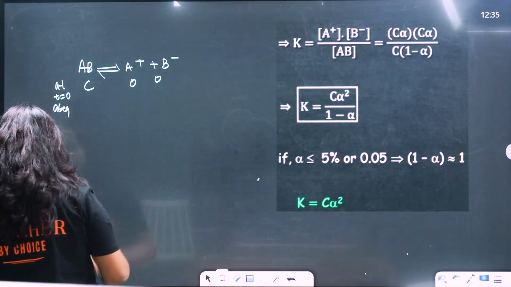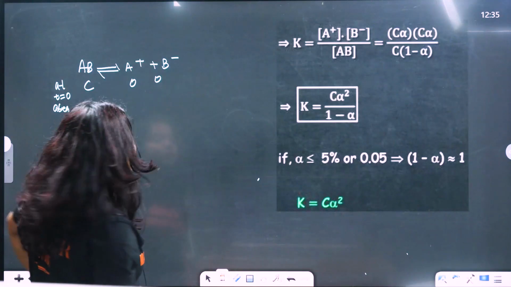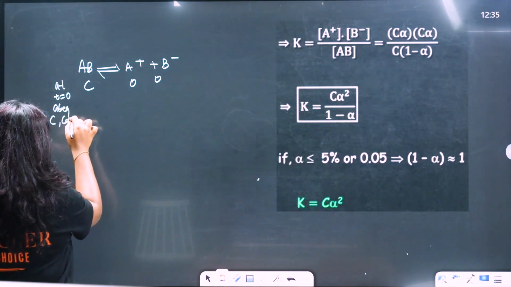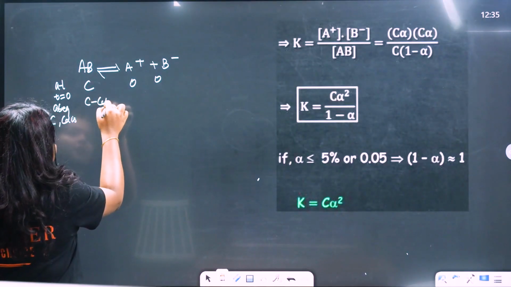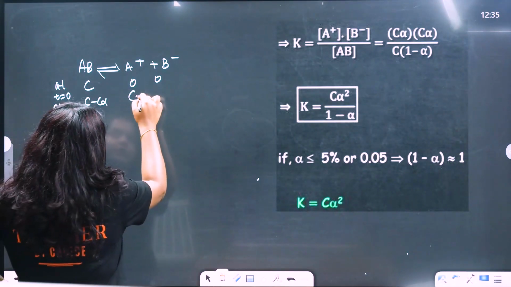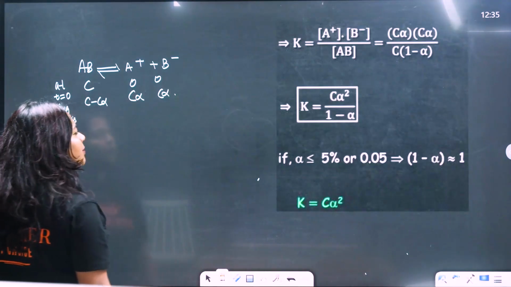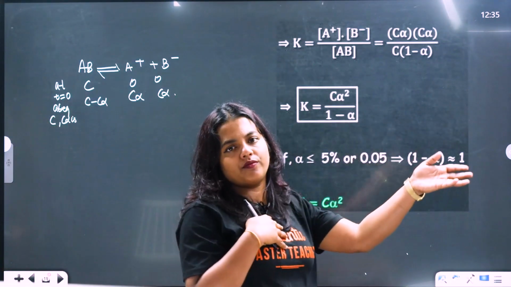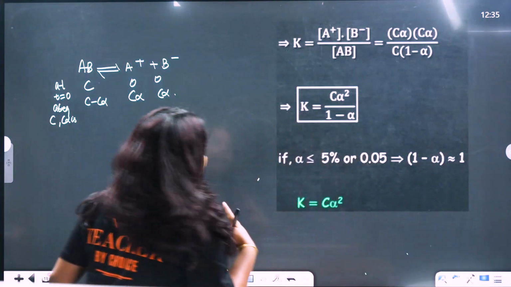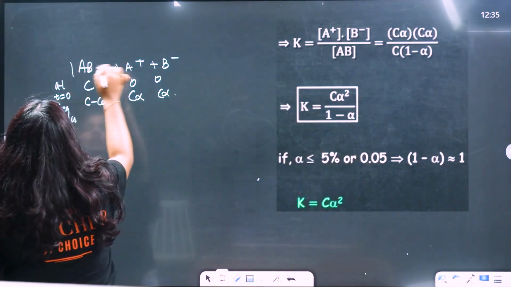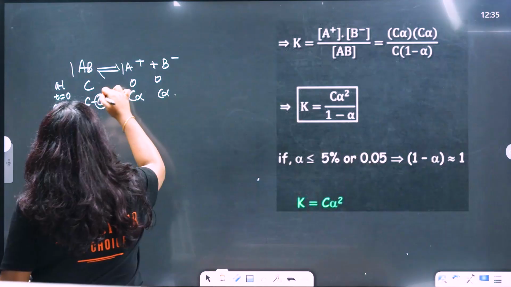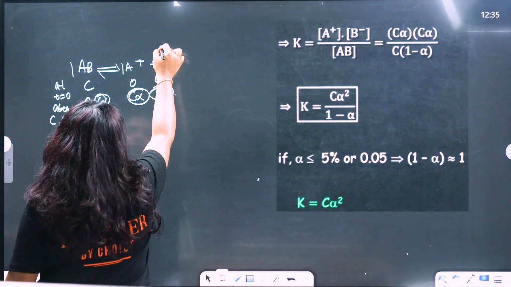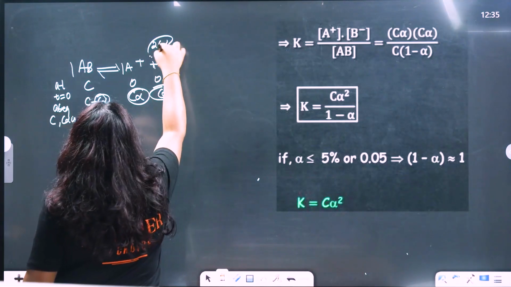At equilibrium, since C alpha has gone, here it will be C minus C alpha, and here you will get C alpha, and here also C alpha. If the coefficient were 2, you would get 2 C alpha, but that is not the case here.